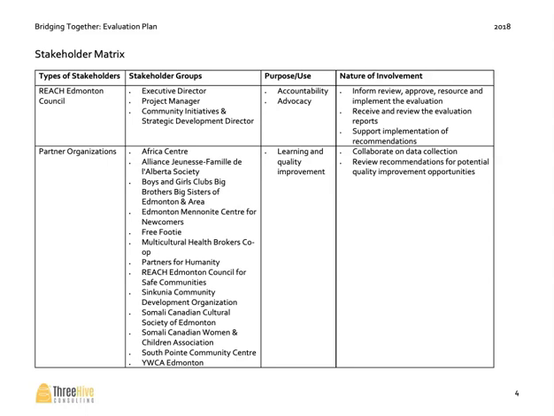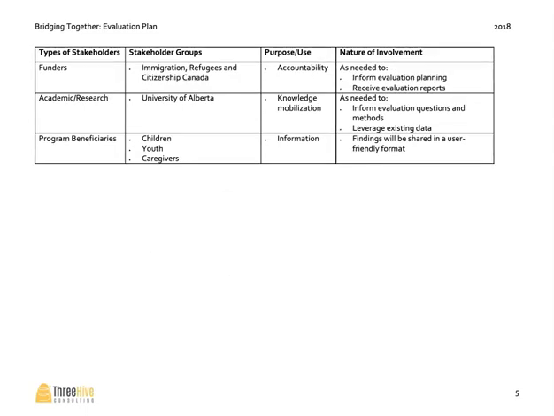For the partner organizations, you'll see there's quite a long list of groups involved. For them, their involvement is really around collaborating on data collection and reviewing the recommendations for potential quality improvement opportunities that they can implement within their own organizations. We also note that the funder has a role to play here. Really, that is for accountability.